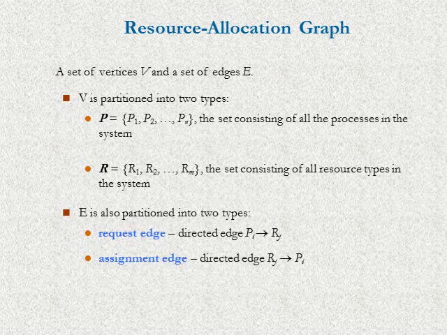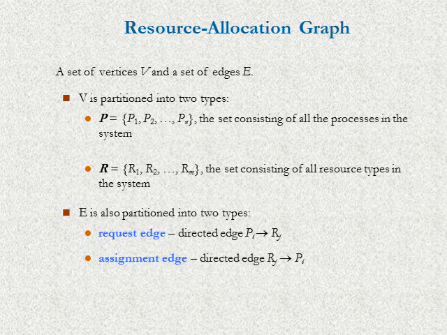Over here we have the resource allocation graph, which is used to identify whether the system is in the safe state or not. However, we just discussed that this resource allocation graph is useful only when we have a single instance of each resource present in the system.